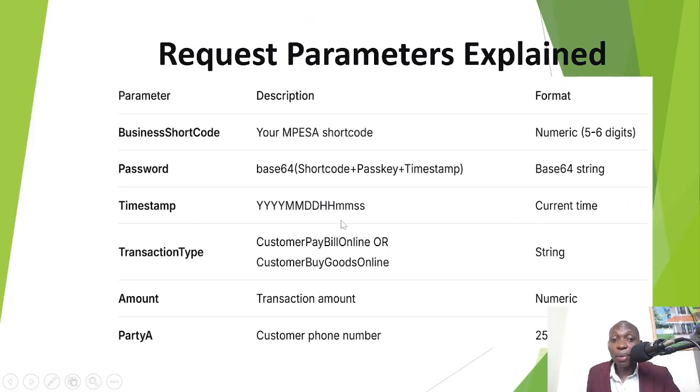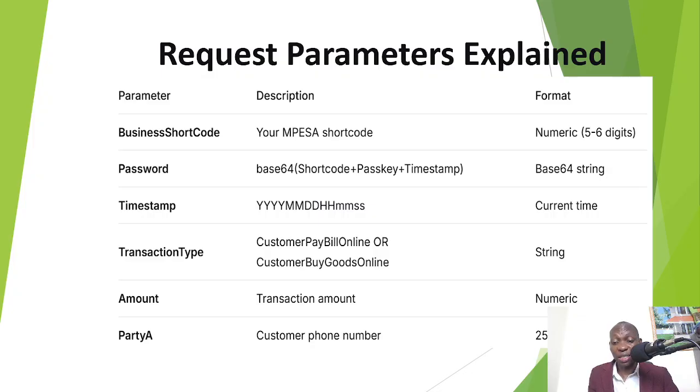You also have timestamp, I have explained that. Have transaction type, it can be customer pay bill online or customer buy goods online. It is good to use the right transaction type. Once we use customer pay bill online, we provide a pay bill. Once we use customer buy goods online, we provide a till. We have amount, which is the transaction amount. We have party A, which is the customer phone number.